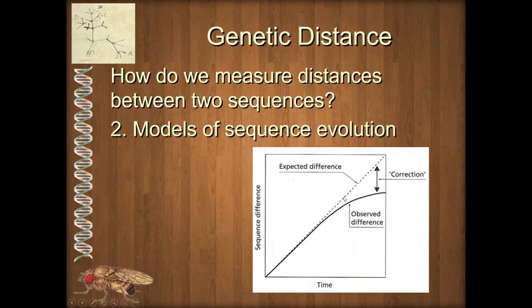Now, before it reaches a complete plateau, we could potentially use a correction to help us correct for the number of changes that have occurred. A model of sequence evolution or a model of evolution is how we make that correction. So this is why models of evolution are important. They allow us to correct between the observed distance and the expected distance.